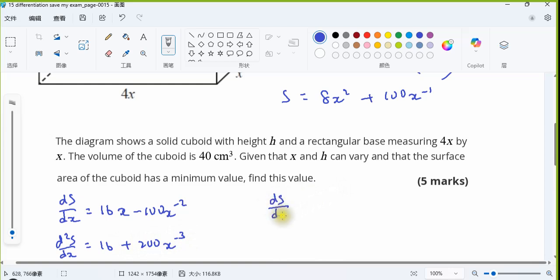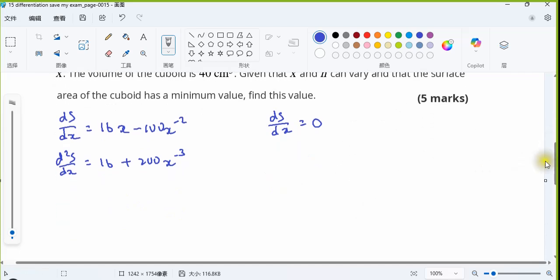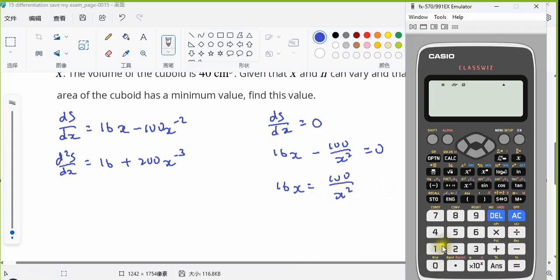So minimum when ds/dx equal to 0, that is 16x minus 100 over x squared equal to 0. 16x equal to 100 over x squared. So x cubed equal to 100 over 16.